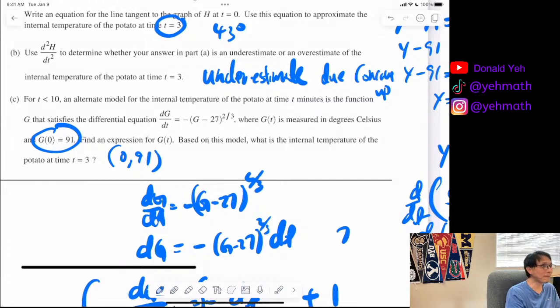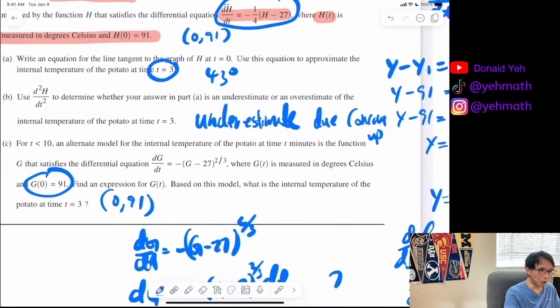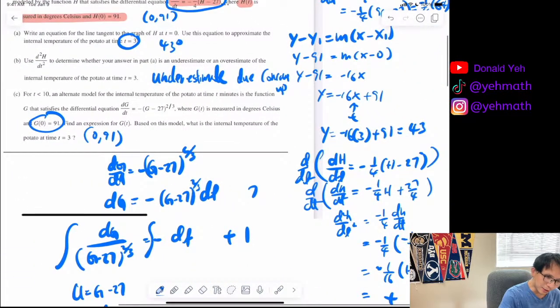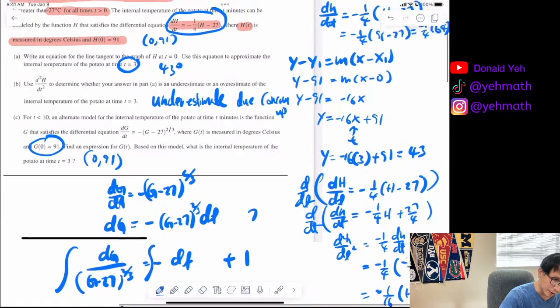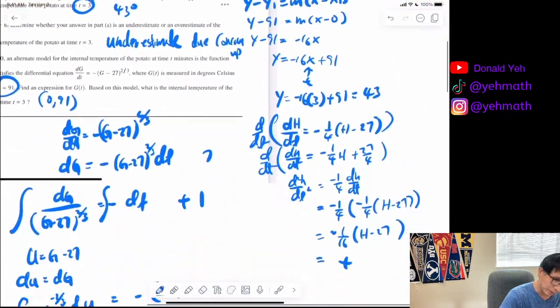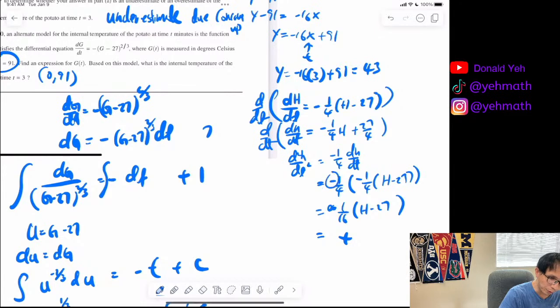Yes, Julia? Underestimate? Okay. So the d2h/dt here is positive, sorry, because this 1/4 and 1/4 multiplied together is 1/16. It doesn't matter what temperature I plug in, it's always concave up because it's positive.